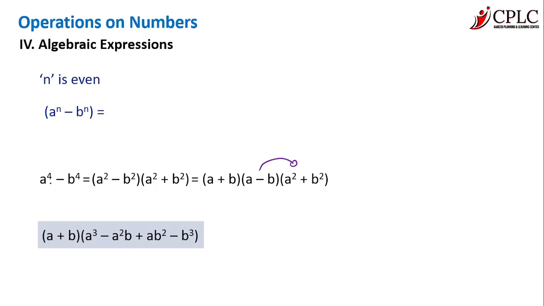Again, if we compare, the power of a starts 1 less and the powers of a are decreasing by 1, and eventually it becomes 0 in the end term, and the powers of b are increasing by 1 till it becomes maximum. So initially it is b raised to 0, then b raised to 1, then b raised to 2, and then b raised to 3, b cube, for example.